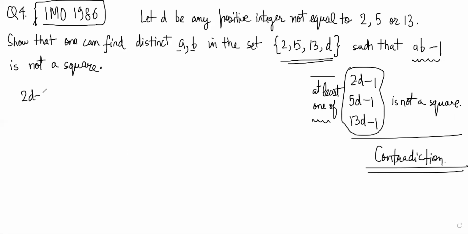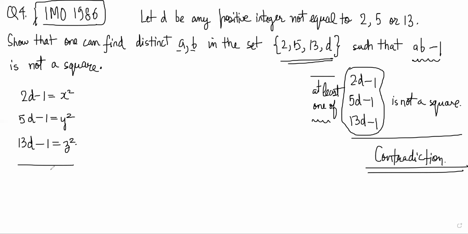So you can assume 2d minus 1 is equal to x square, 5d minus 1 is equal to y square, and 13d minus 1 is equal to z square. And from here, try to think of some contradiction.